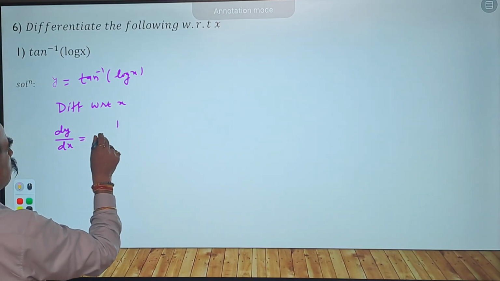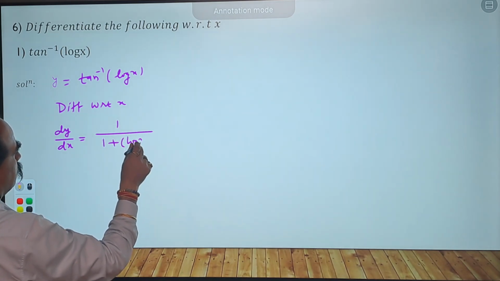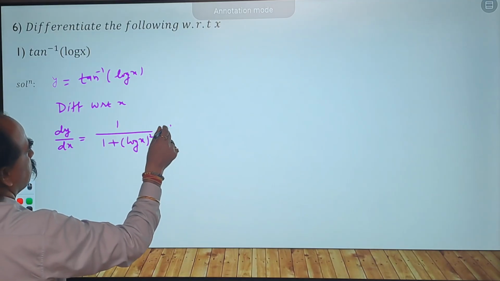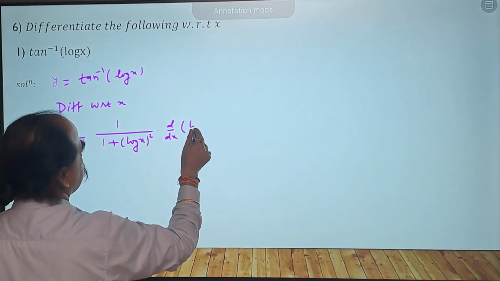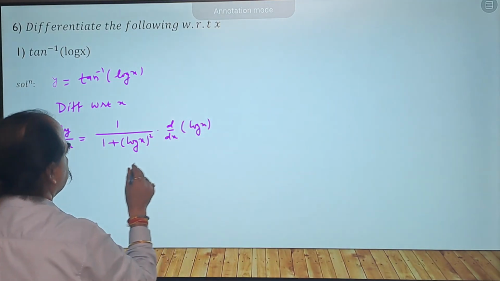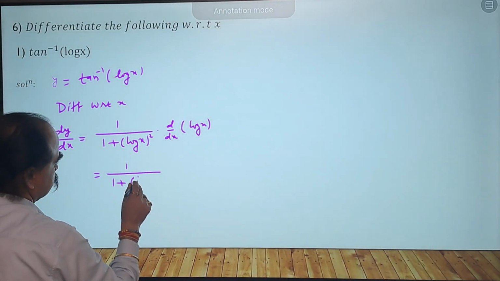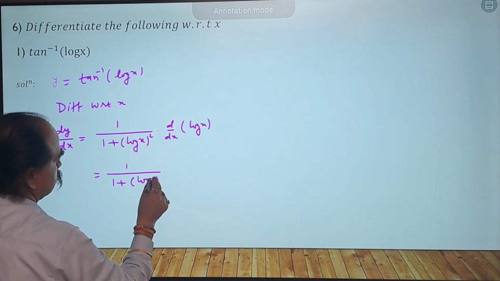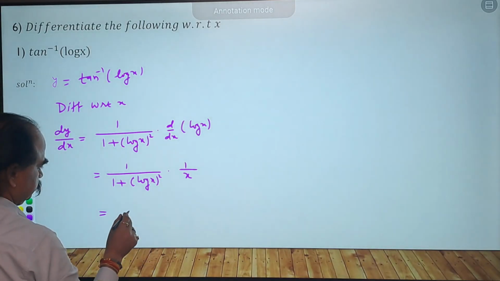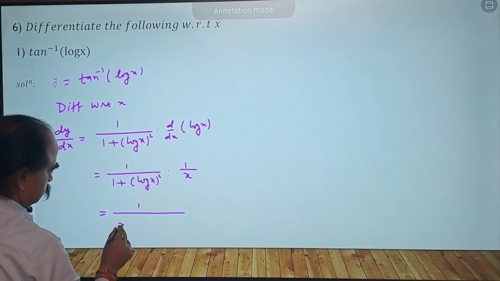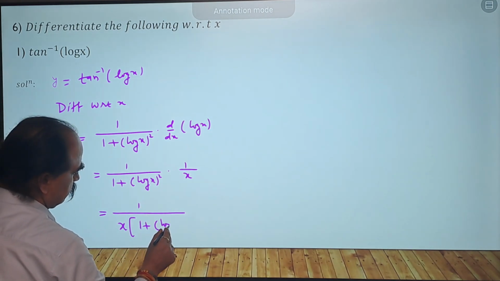Derivative of tan inverse is what? 1 upon 1 plus log x square into derivative of log x. 1 upon 1 plus log x square, derivative of log x is 1 upon x. So x into bracket 1 plus log x the whole square.